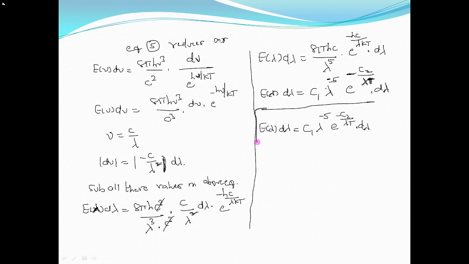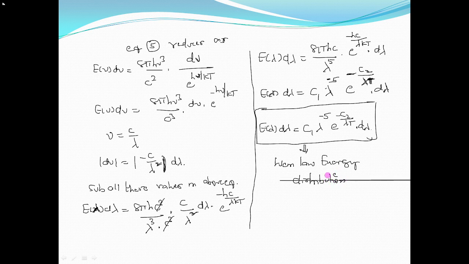So this is nothing but, if you check in black body radiation, Wien's law for energy distribution. We have done this in black body radiation, you can check for that.